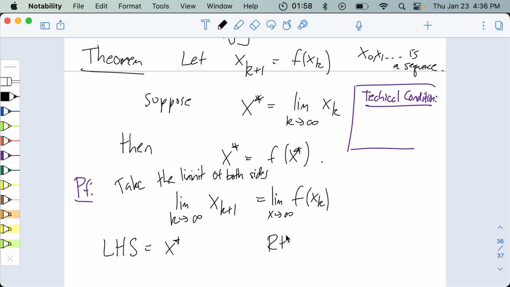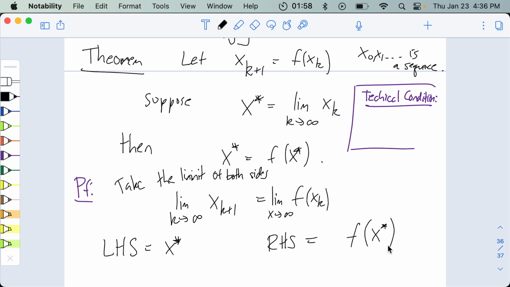The right-hand side, what is it? Well, it's the limit as k goes to infinity of f of x_k. It would be so nice if we could say that is f of x star. But that's not always true. For some functions f that's true, for some it's not. This is where we need the technical condition on f. Does anyone know what kind of technical condition would make sure this is okay?